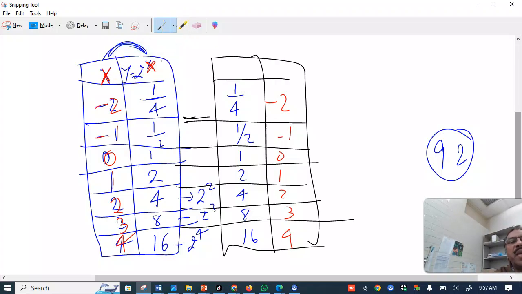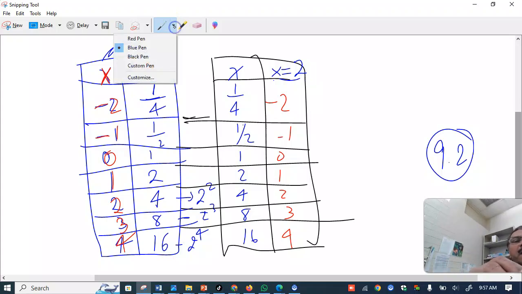So if this is x, now the new one that I have is, instead of y equals 2 raised to x, we now have x equals 2 raised to y. So the red color x is equal to 2 raised to the y.